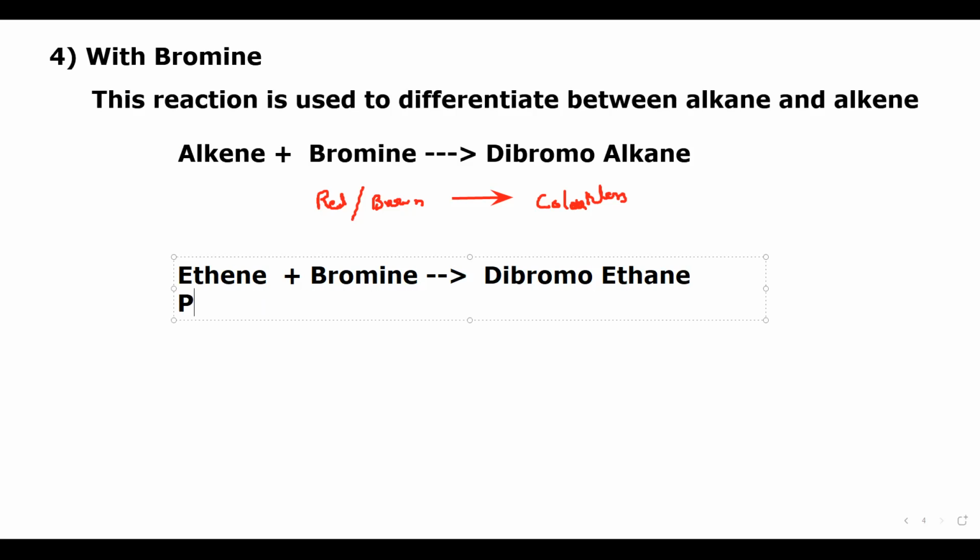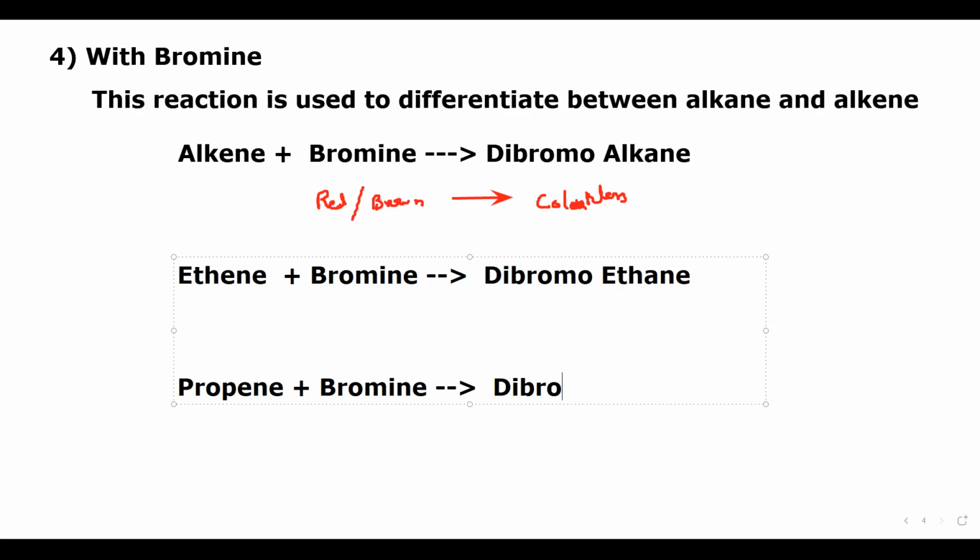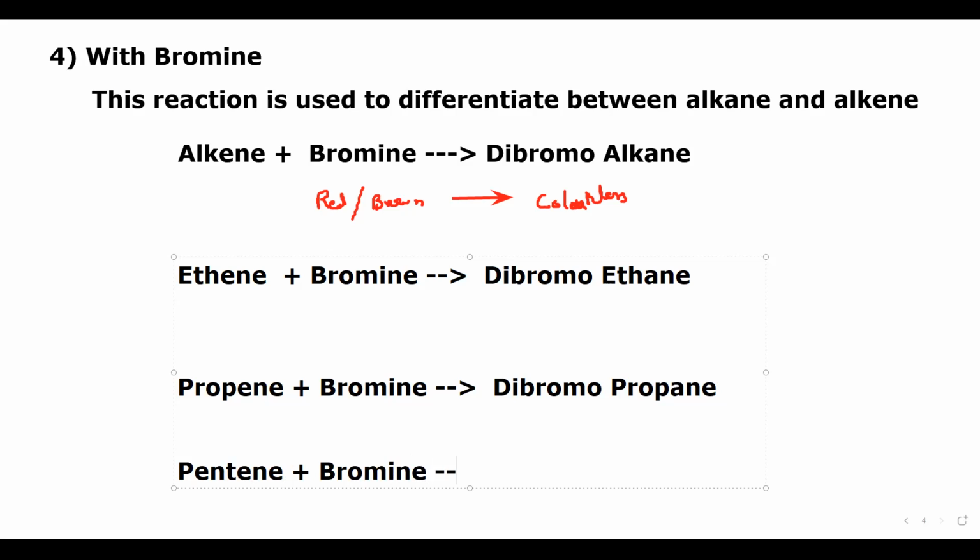If we have propene plus bromine, this will give dibromopropane. If we have butene or pentene plus bromine, this will give dibromopentane.